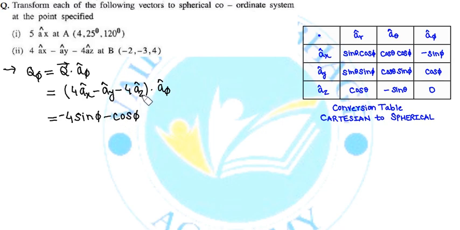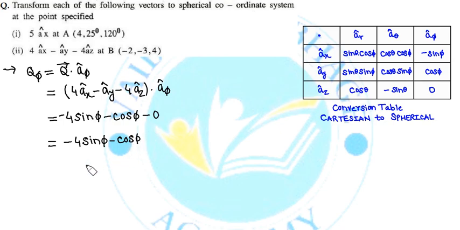And the dot product between az and a phi is 0. So what is left? We are left with minus 4 sine of phi minus cos of phi.